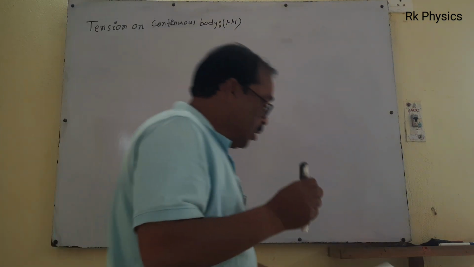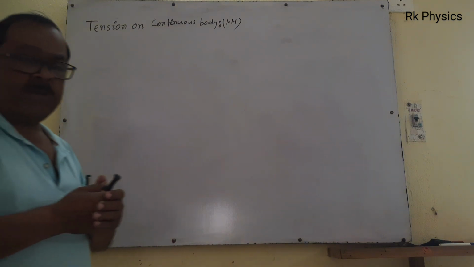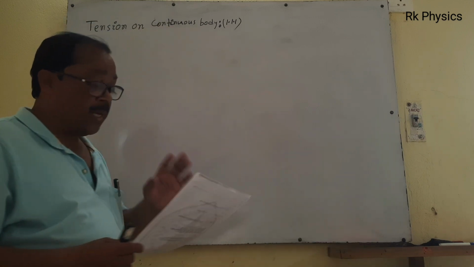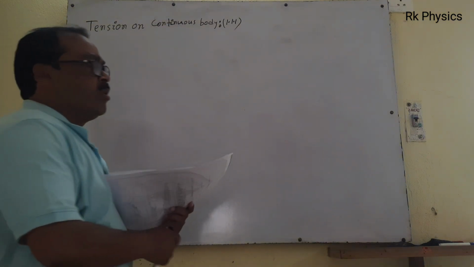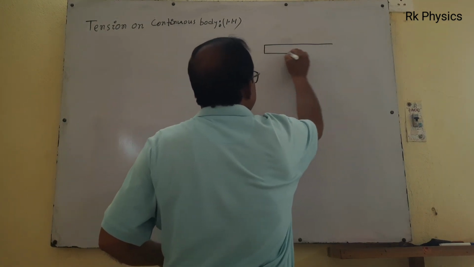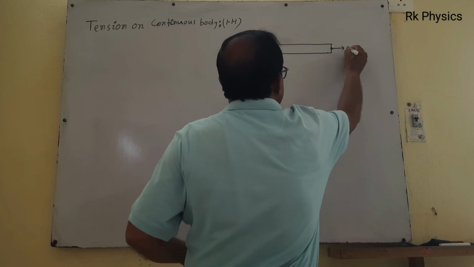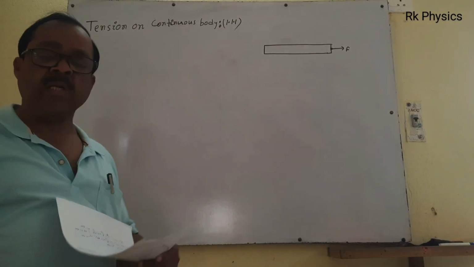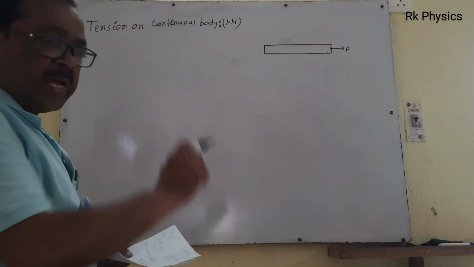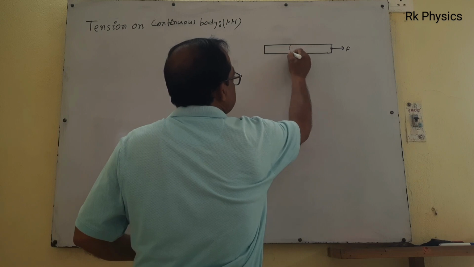Now, in the first part, tension on a continuous body, I have given an example, that is, a uniform cylinder or a rod, and you apply an external force to one of its ends, say at any cross section.